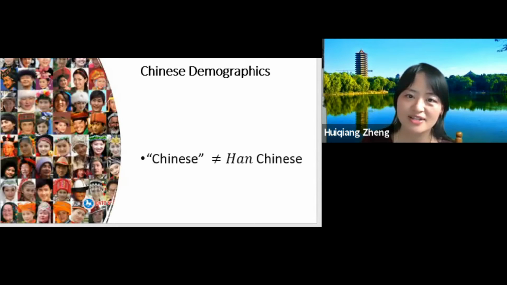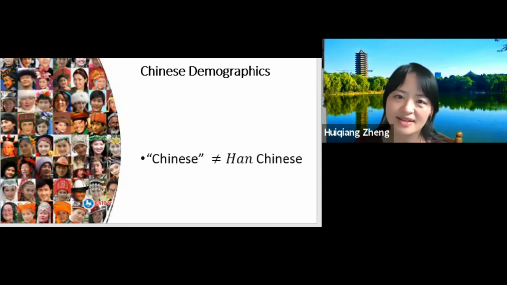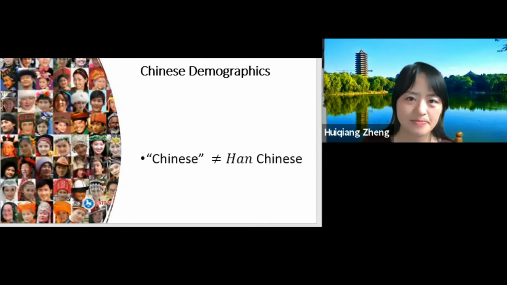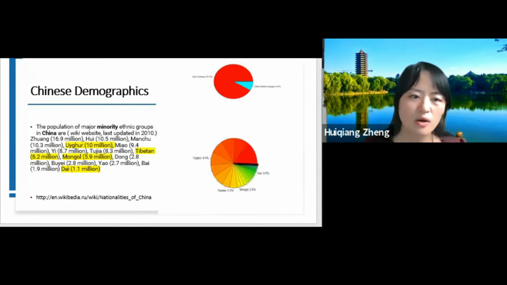So Chinese demographics, usually when we talk about Chinese, we refer to Han Chinese, which is part of Chinese. According to the Wikipedia website, last updated in 2010, the major minority ethnic groups in China are listed below. So you can see the numbers.